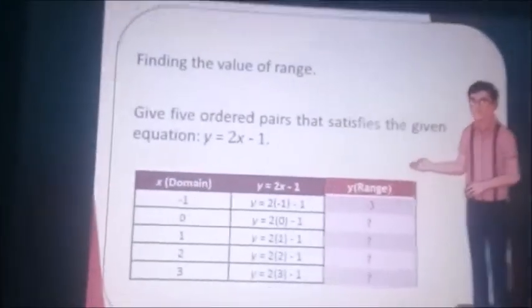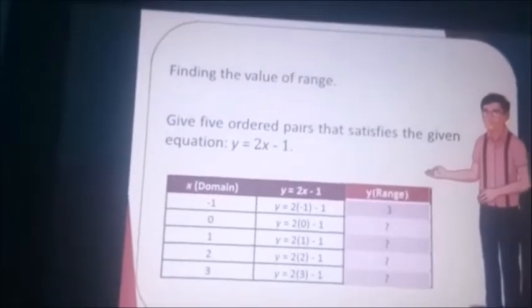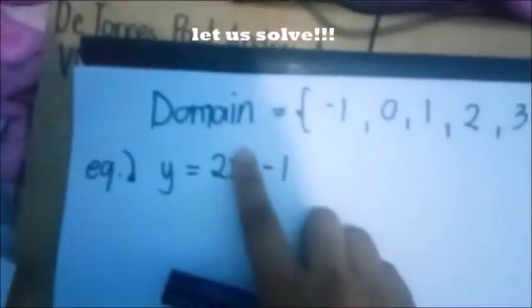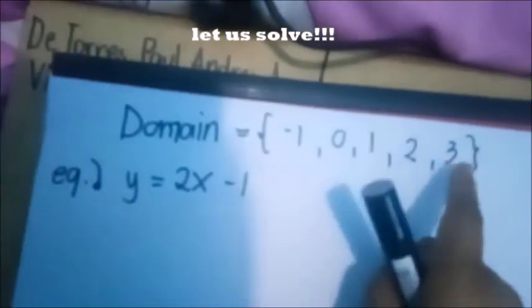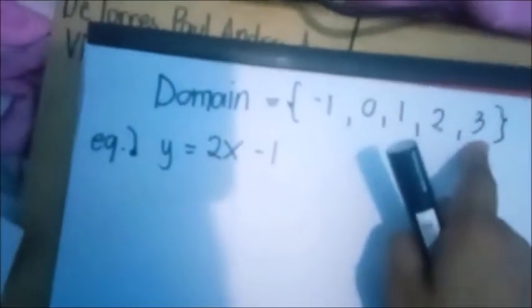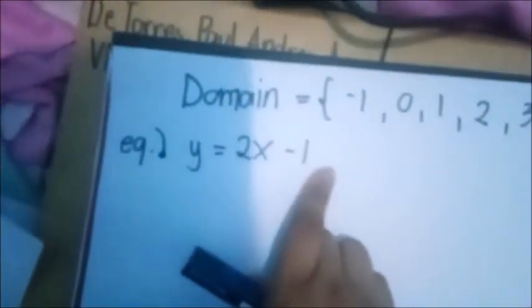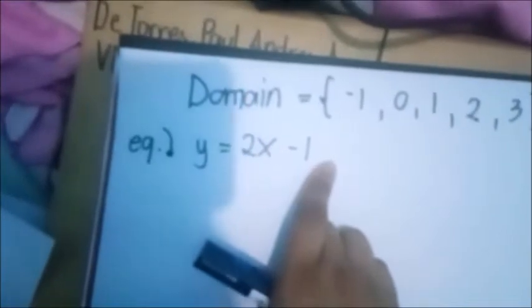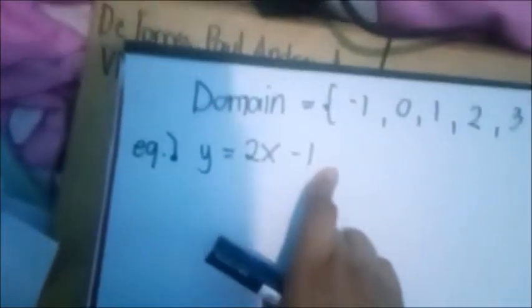So we have the equation y is equal to 2x minus 1, and the domain negative 1, 0, 1, 2, and 3. Again, to find the range, it is given the value of the domain.